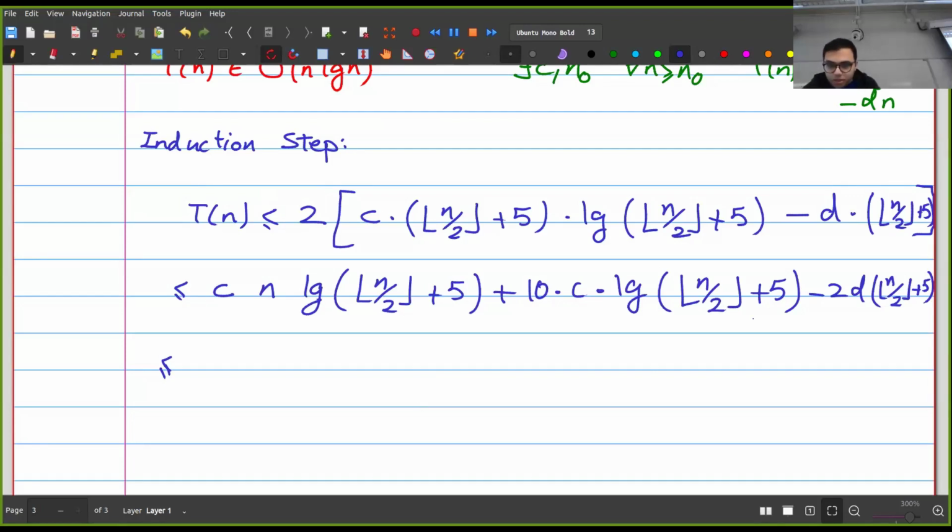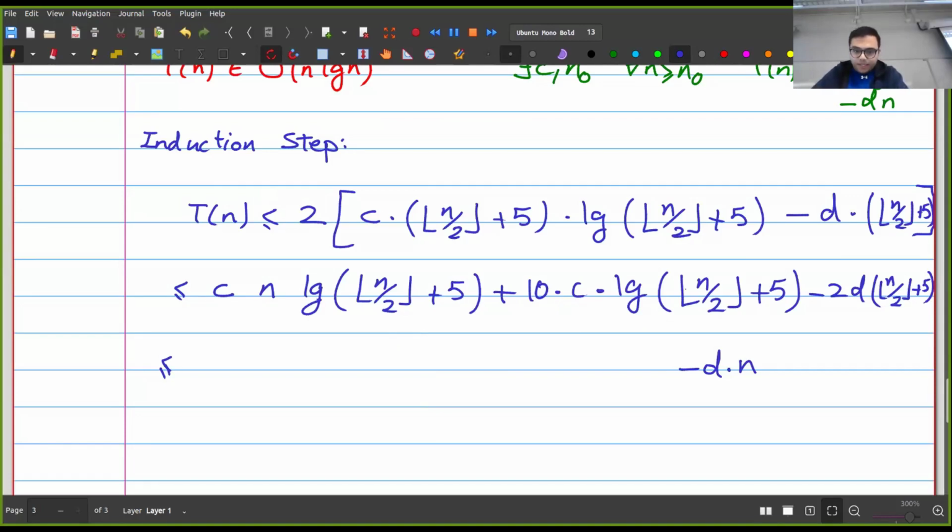So I'm just going to replace this one with minus dn. And now this monstrosity. This is Cn log of something that is smaller than n. So I'm happy with that. But then I have 10C log of something.